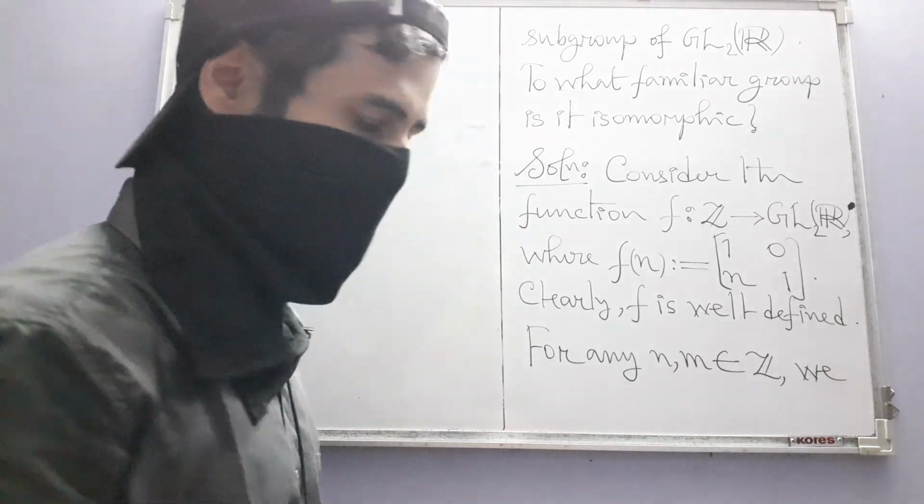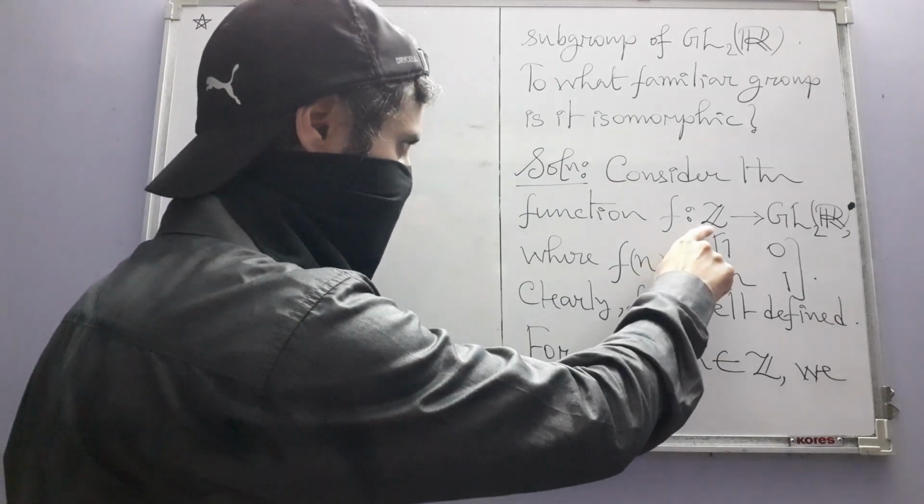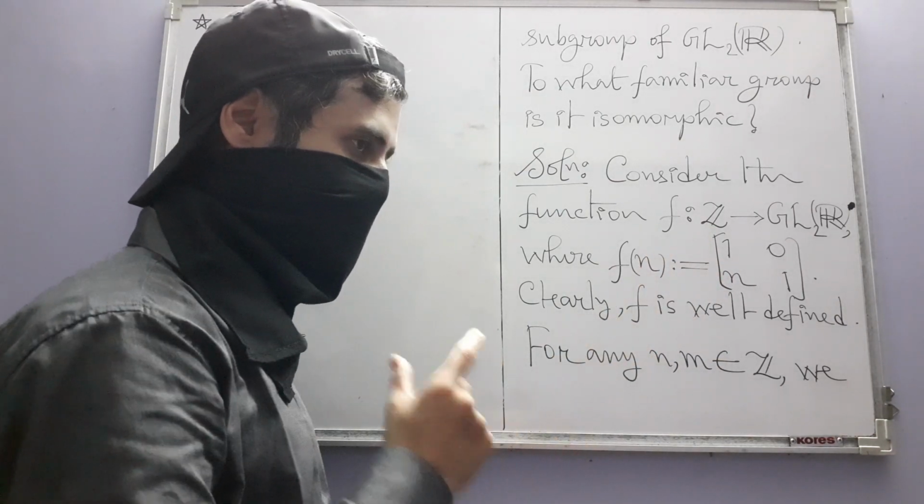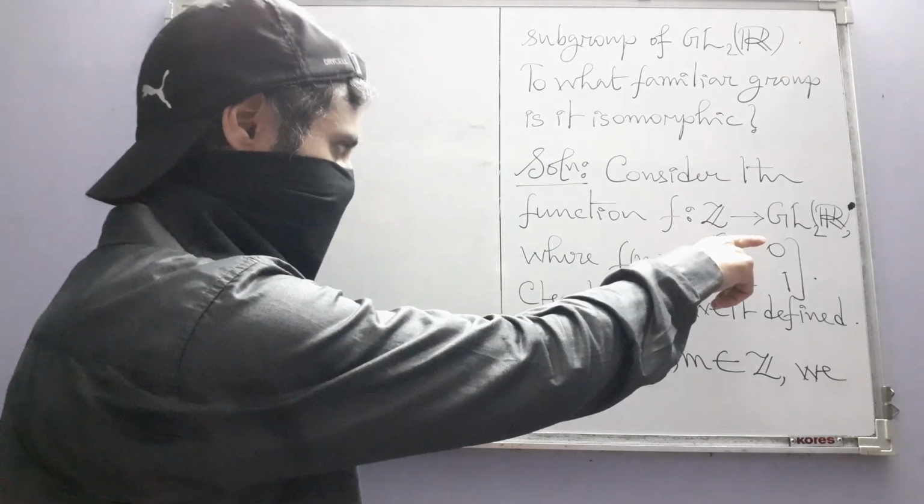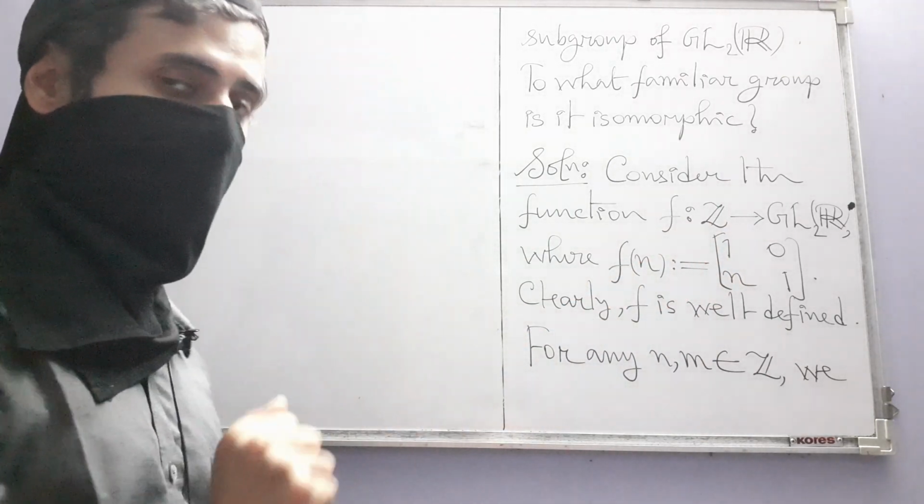Note carefully that the binary operation in the first group is addition of integers, but in the second group the operation is multiplication of matrices.